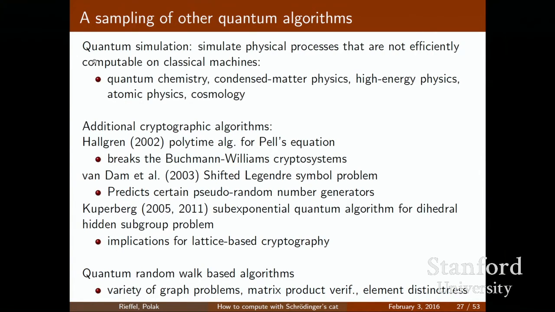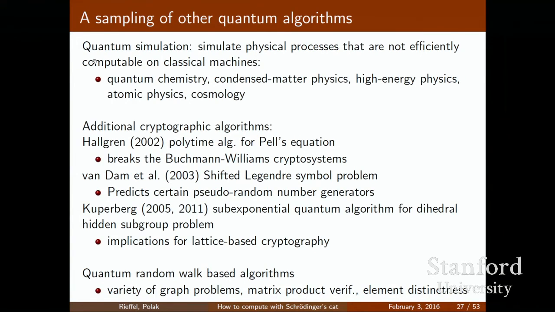There are other cryptographic algorithms. There's Holmgren's algorithm for Pell equations that can break the Buchmann-Williams crypto system. Then Van Dam's algorithm can predict some pseudo-random number generators.